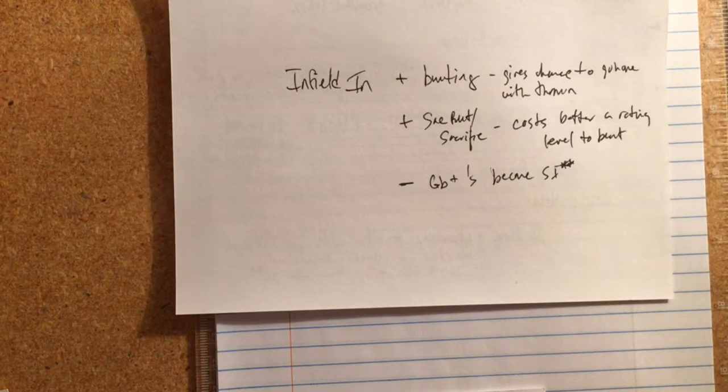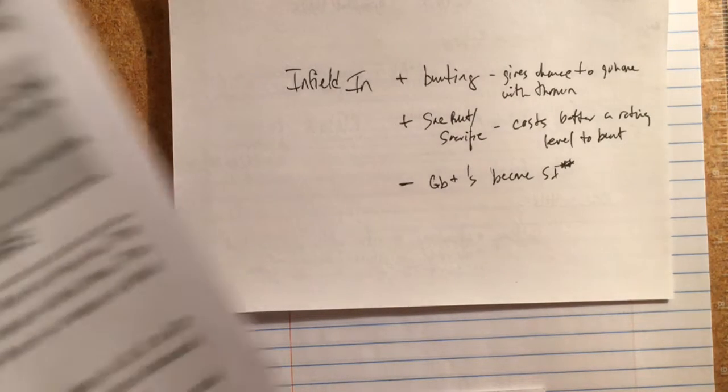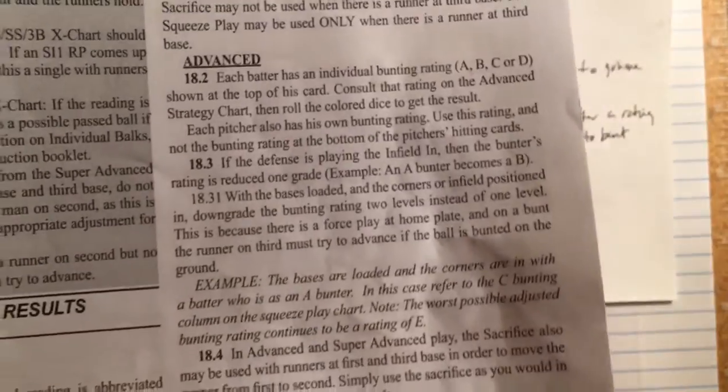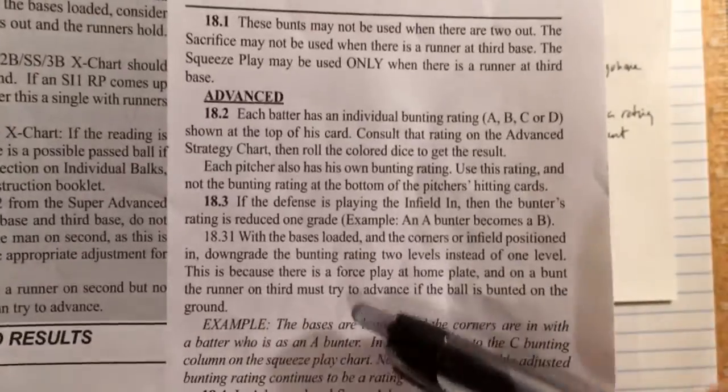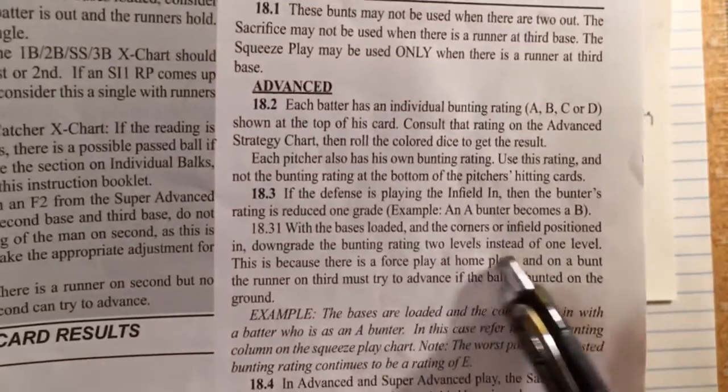Well, let me take a look at that. Tribe Fan points it out exactly: 18.31, with the bases loaded, corners or infield position in. Oh, there you go. Thanks for mentioning that. So, in the advanced game, that's something else to be aware of.